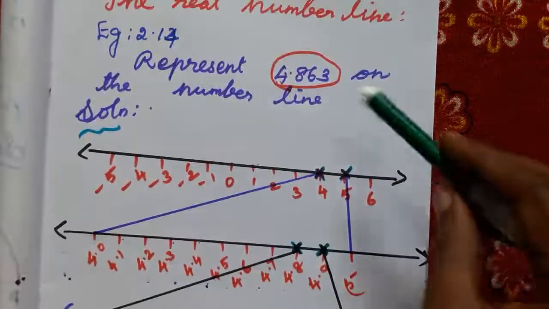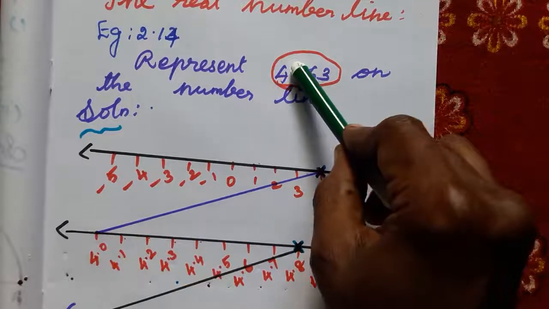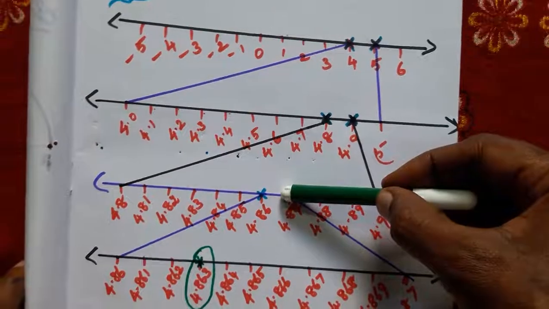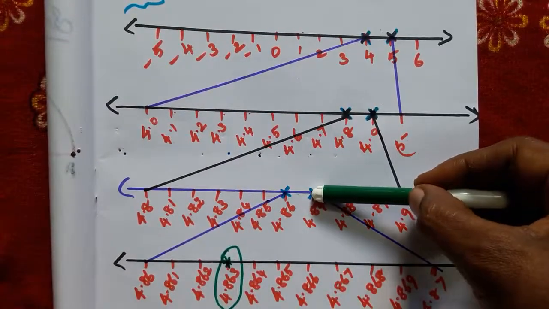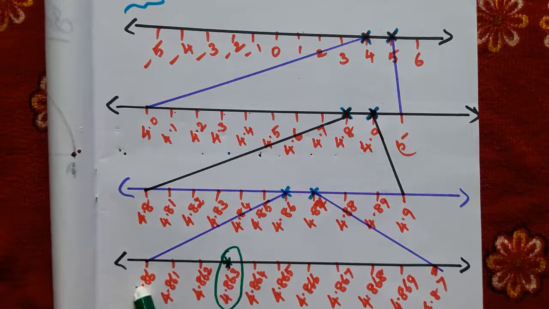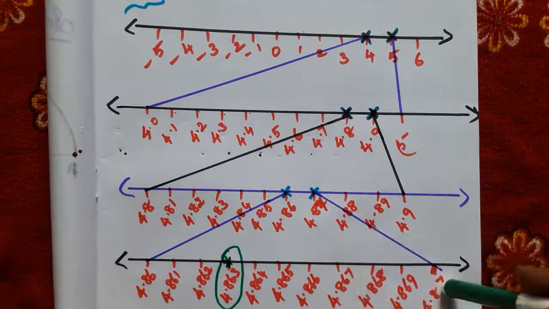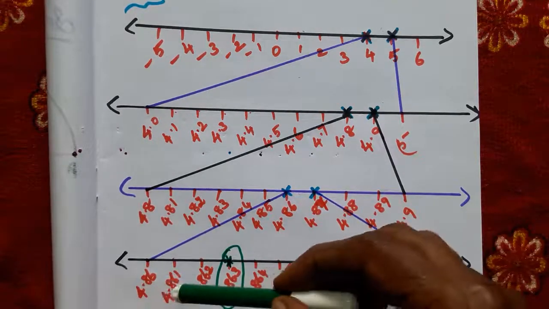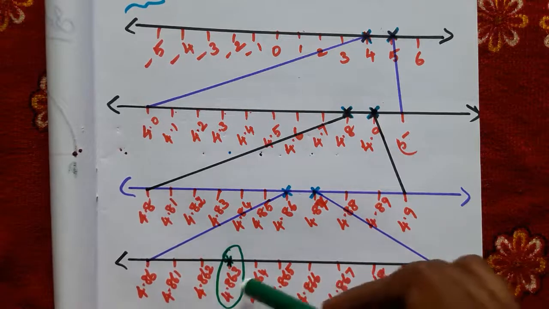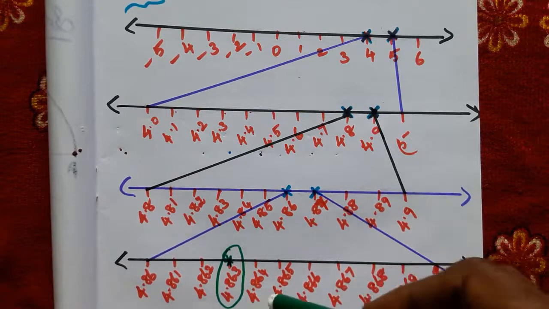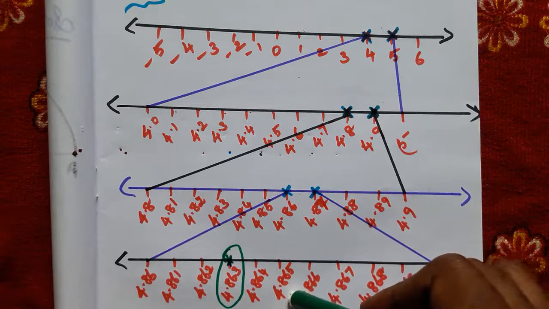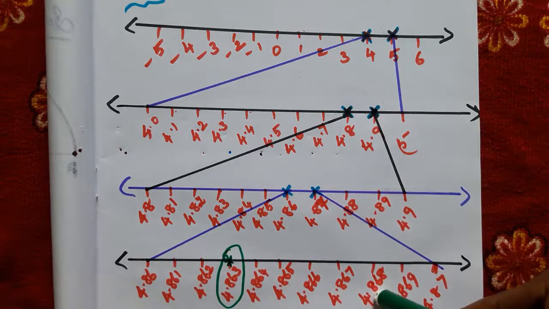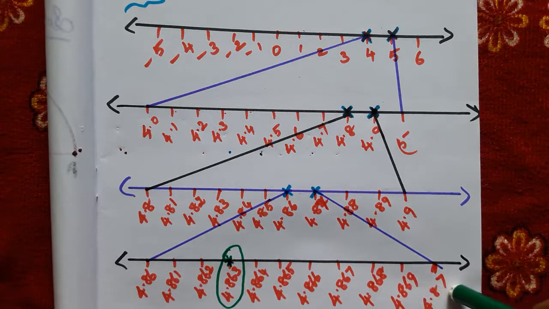Now again, 4.863 is between 4.86 and 4.87. Start from 4.86 and mark up to 4.87: 4.861, 4.862, 4.863, 4.864, 4.865, 4.866, 4.867, 4.868, 4.869, 4.87.